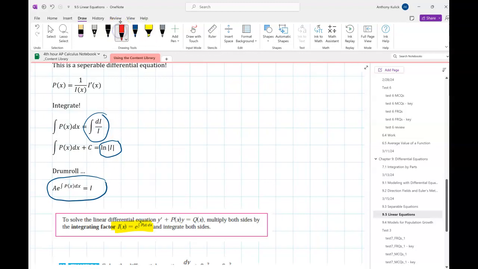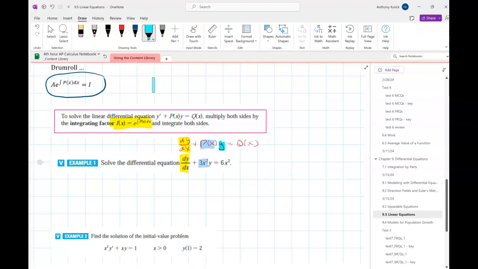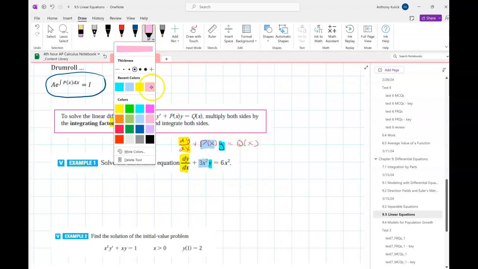Let's do some specific examples. So the first thing I want to do is make sure that I am in this linear differential equation form. And that looks good, right? I have dy/dx. I have some p of x. I have my y.